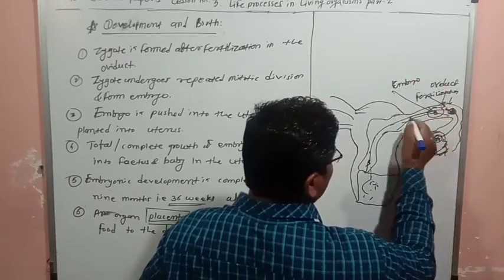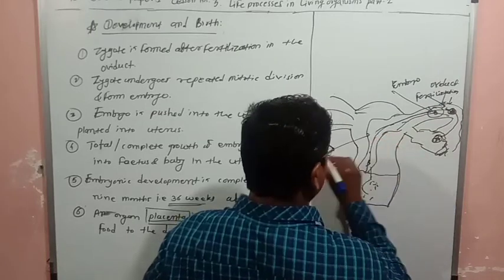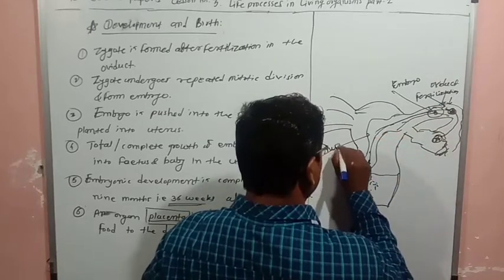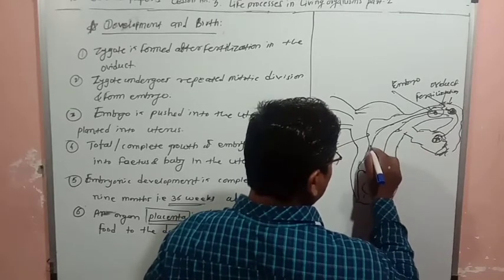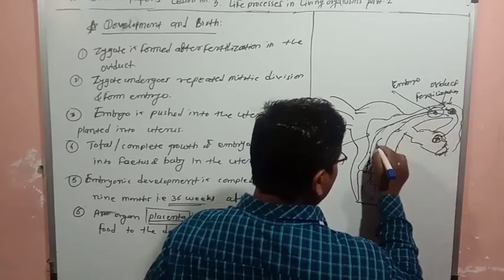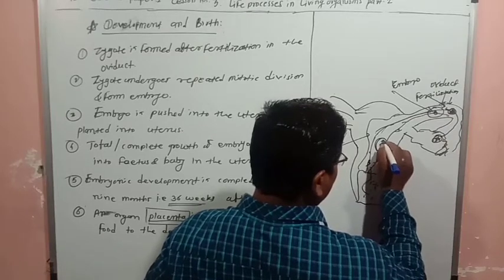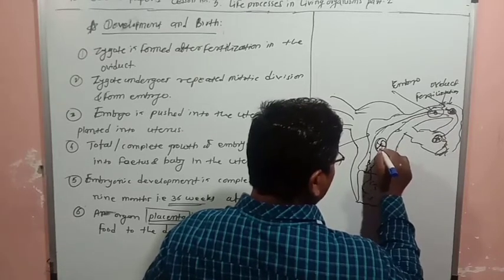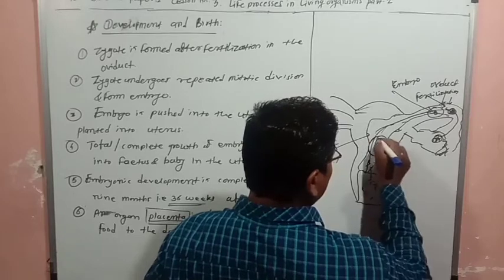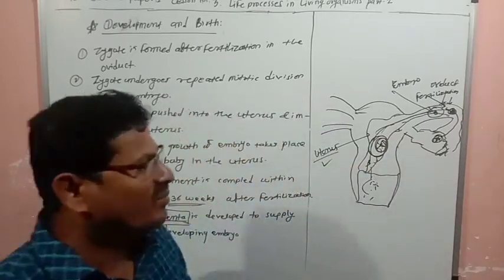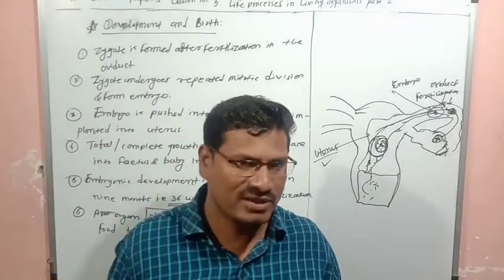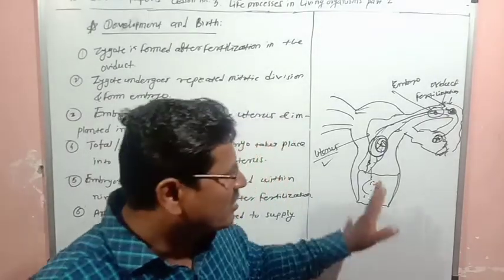That embryo comes towards the uterus. Here is the uterus. When it comes into the uterus, it gets implanted here, and further development of that baby takes place in the uterus.